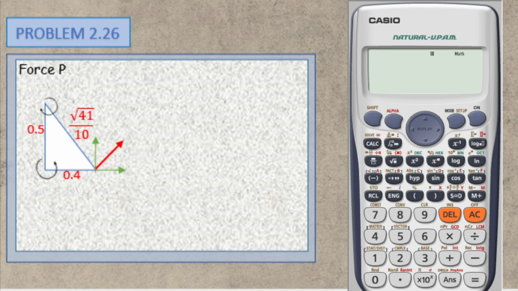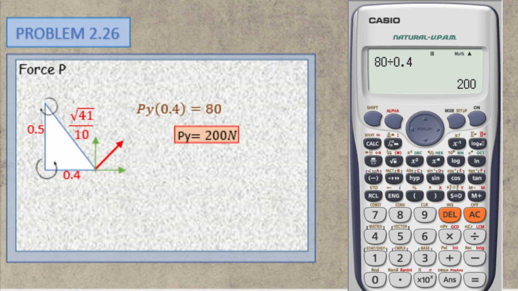We can now start solving for our force P. Taking moment counterclockwise positive, Py multiplied by 0.4 is equal to 80. So we have our Py equals 200 Newton, since 80 divided by 0.4 is 200 Newton.